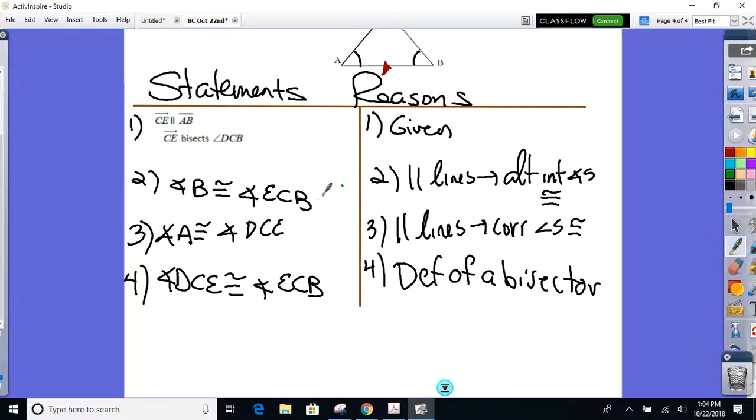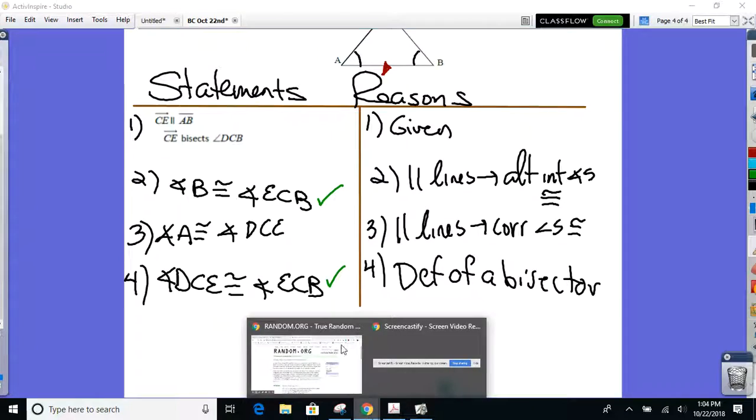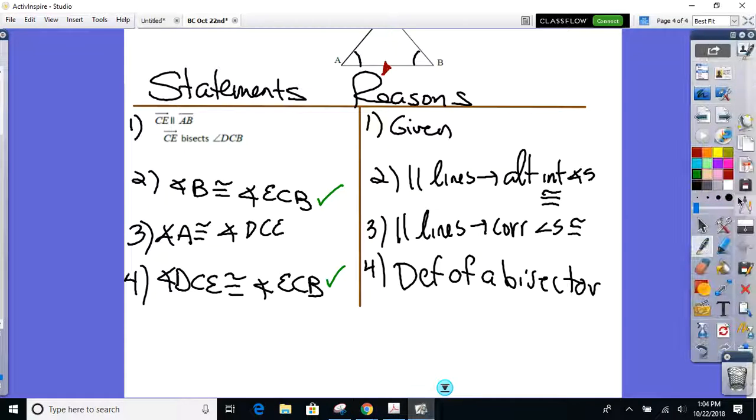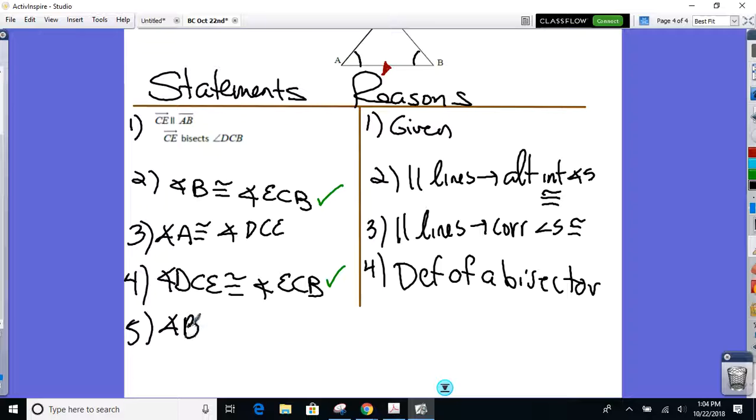So you're taking these 2 right now. Okay, please perform. I know he said it already, but number 10, perform substitution on that. What 2 angles are equal? Yep. Angle B congruent to angle DCE. That's the first substitution we did.